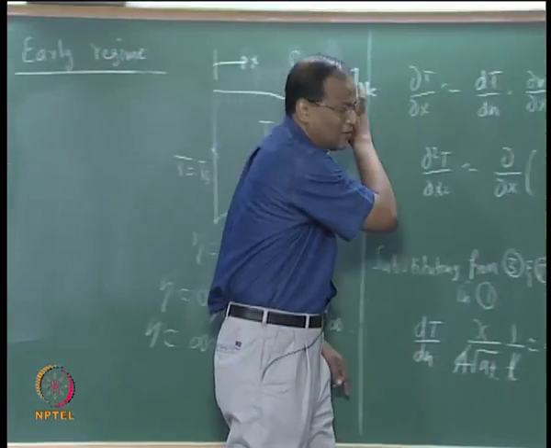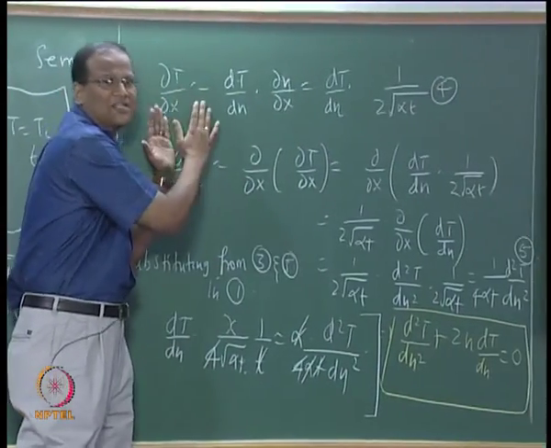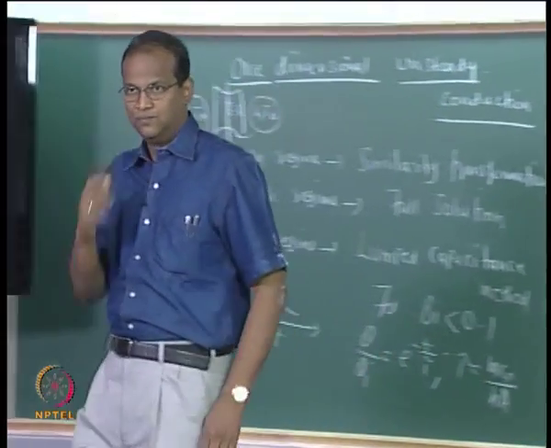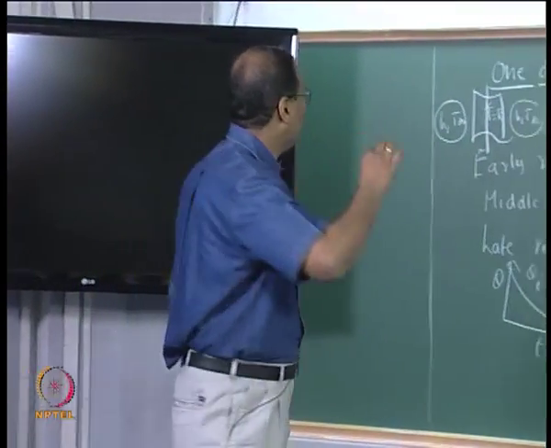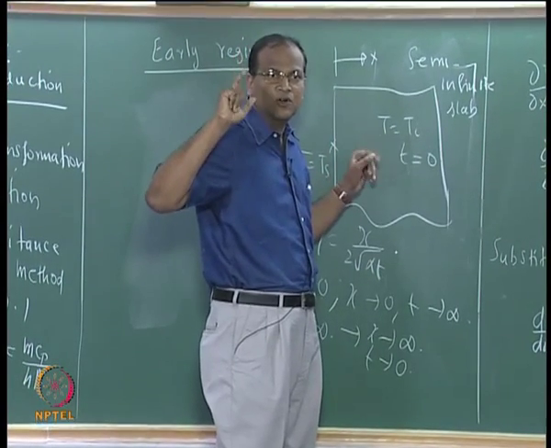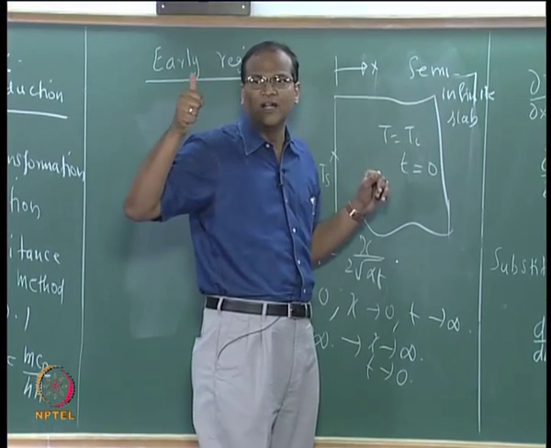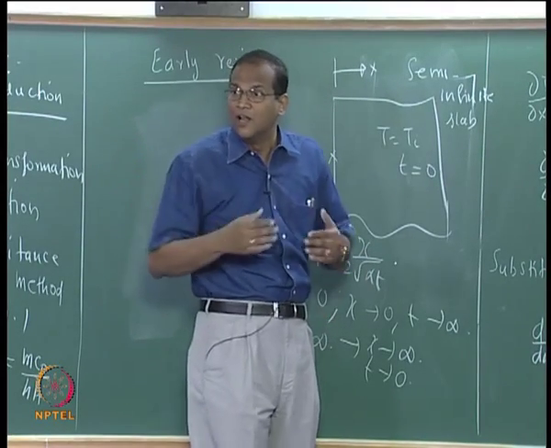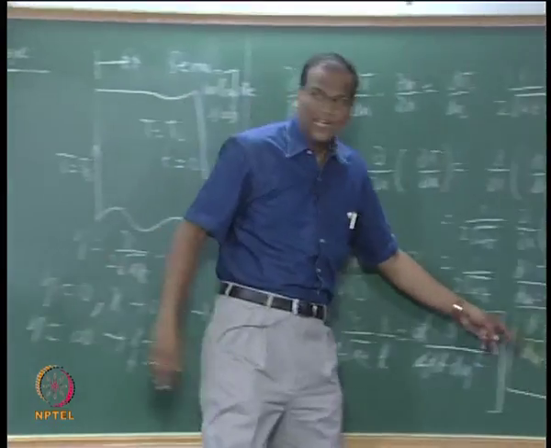That is why it beautifully reduces the partial differential equation into an ordinary differential equation. Because the original equation has to support 3 conditions, 2 boundary conditions on x and one initial condition on time, because you have dT by dt and d square T by dx square. Now it has become second order in eta.